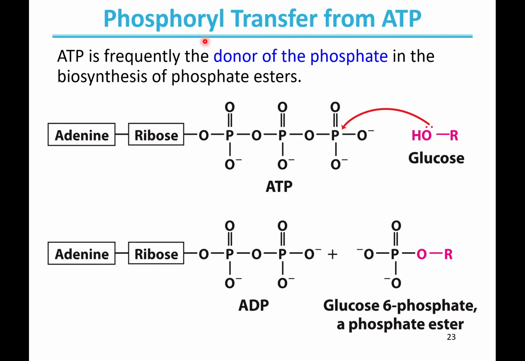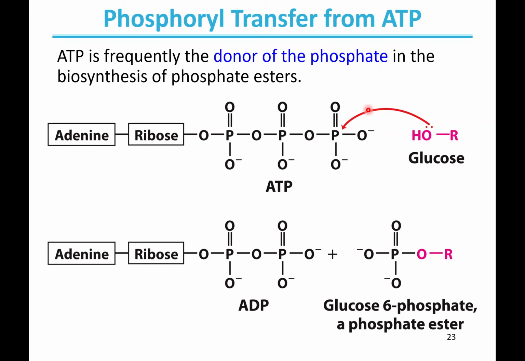Okay, ATP is frequently the donor of phosphate, and we're just going to focus now on the 3 phosphate groups here. It will give up that gamma phosphate, that third phosphate in the chain, to a number of different molecules. In glycolysis, one of those molecules is glucose.